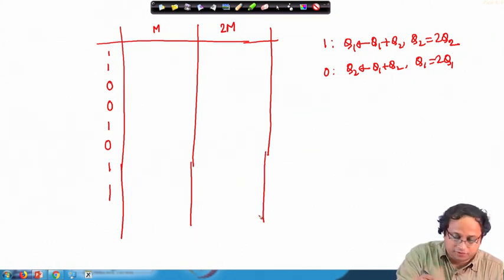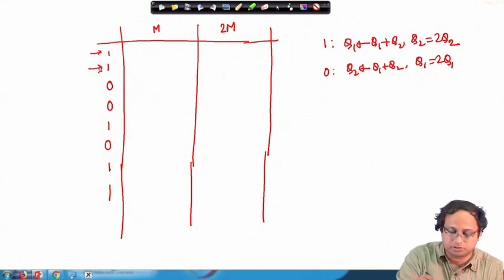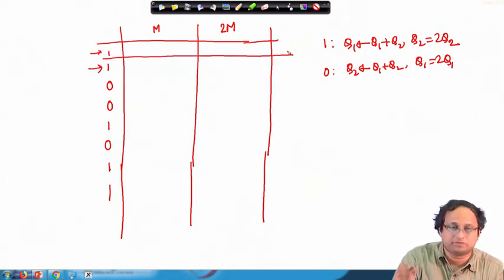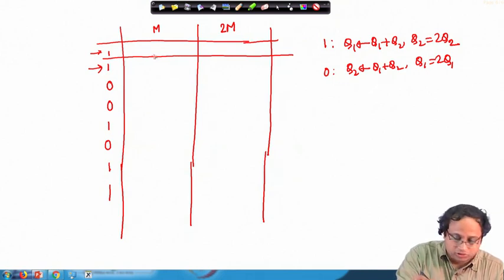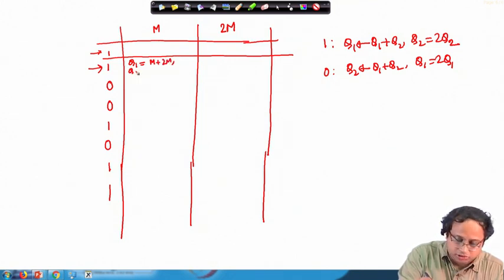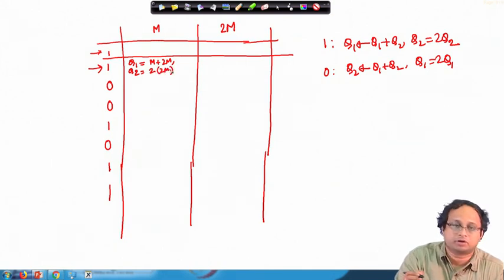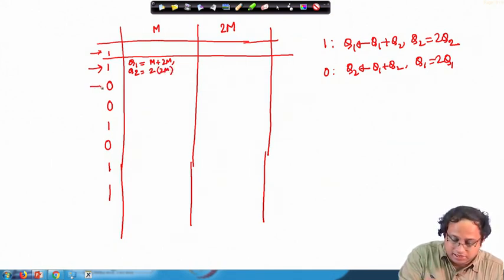In the first case, because this is my leading one, I can just leave it at this point and start from the next one. So Q1 here is equal to m plus 2m, and Q2 is equal to 2 into 2m.